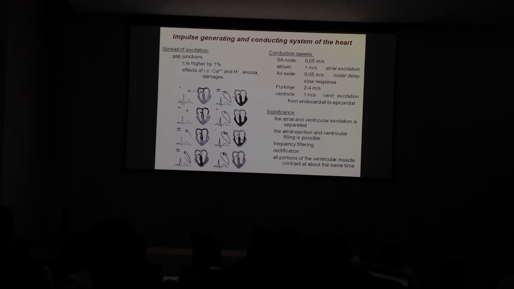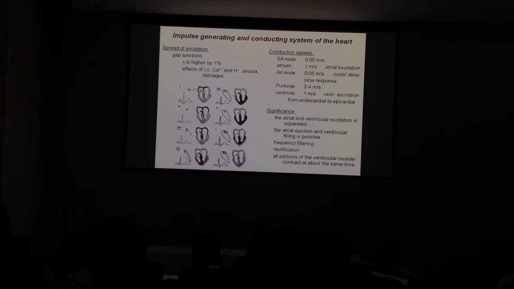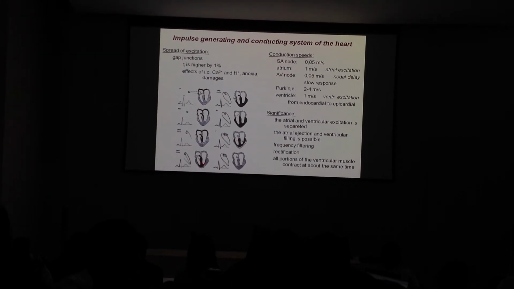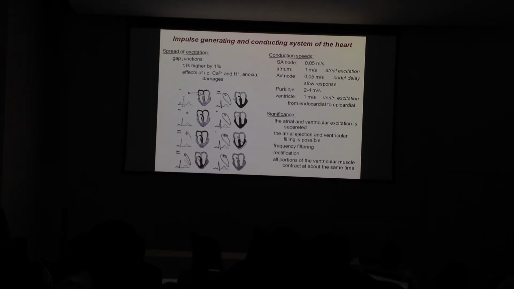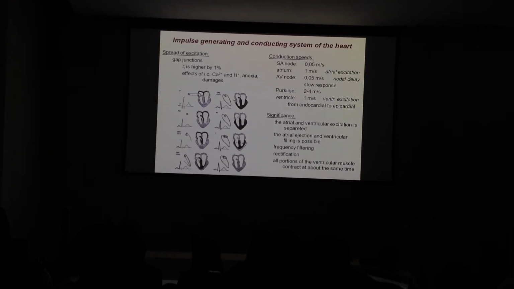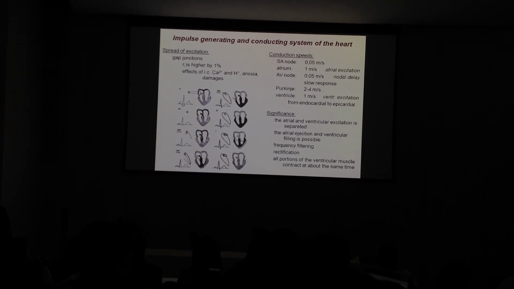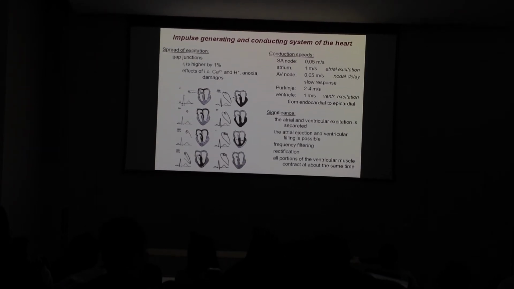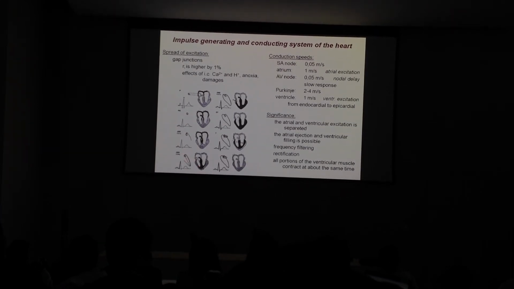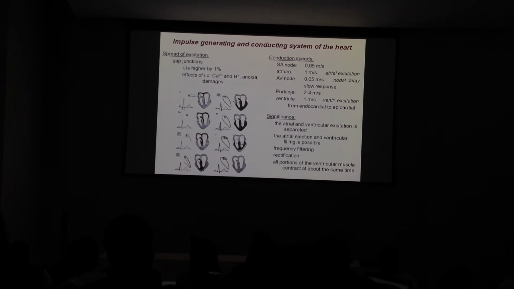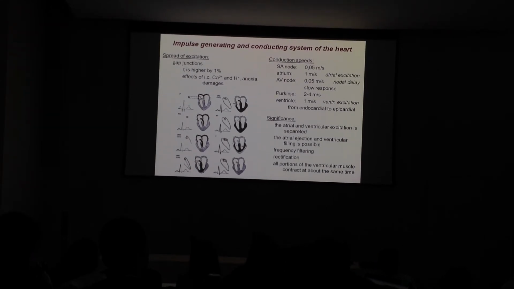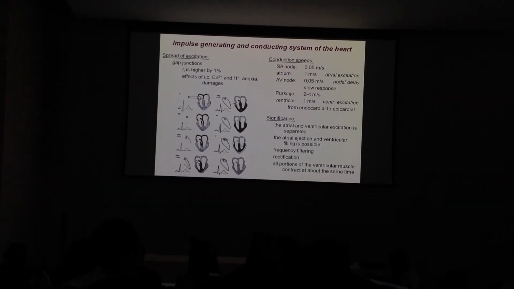The subendocardial parts depolarize earlier and repolarize later, so they will be depolarized for a longer time than the epicardial part. This asynchronous depolarization is very important to understand the ECG record and its different parts.